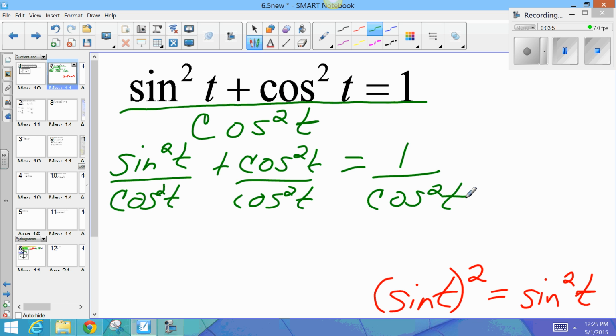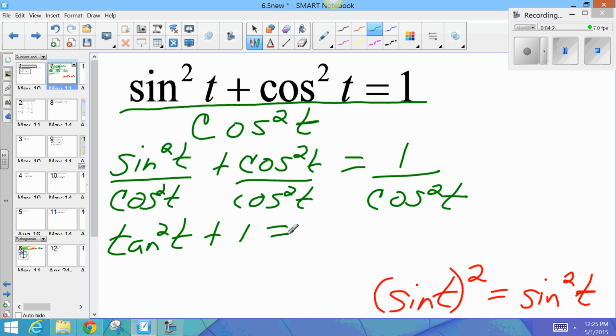And then I'm just going to rename each of these terms based on the identities that you learned in the first part of section 6.5. Right? So sine divided by cosine is tangent. Right? So the first term becomes tangent squared of t. Anything divided by itself is 1, and so cosine squared divided by cosine squared is 1.